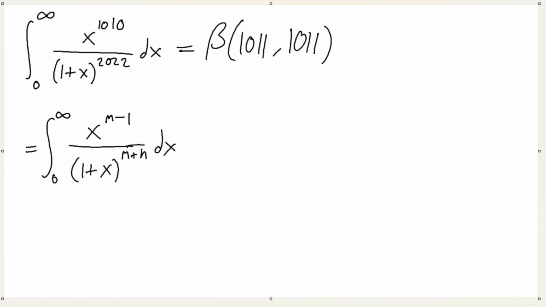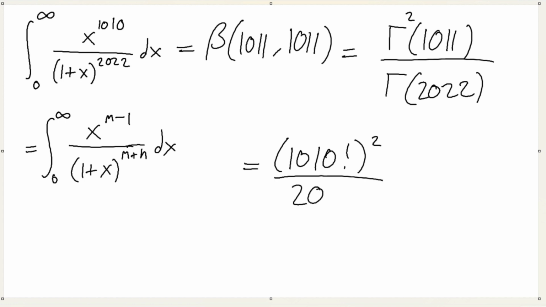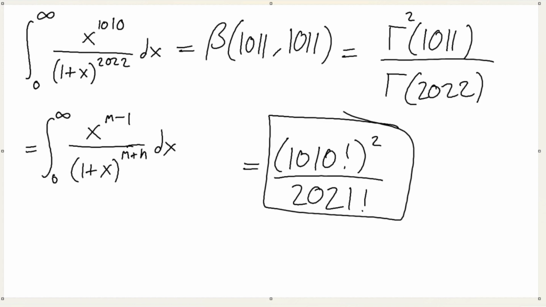So that means that we have the gamma of 10, 11 squared divided by the gamma of 2022. So in that case, we could just leave our answer 10 factorial squared over 2021 factorial. You just leave your answer like that, and you're pretty much good to go.